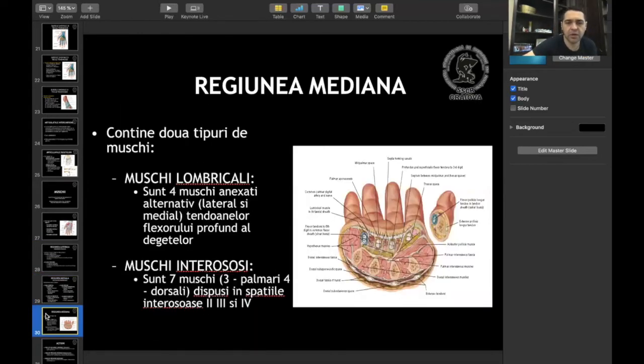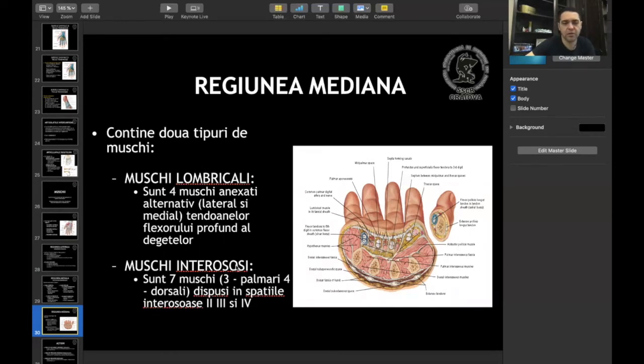We have lumbrical muscles in the medial regions. I told you also about them. There are 4. They are inserted laterally and medially of the flexor profound tendons.